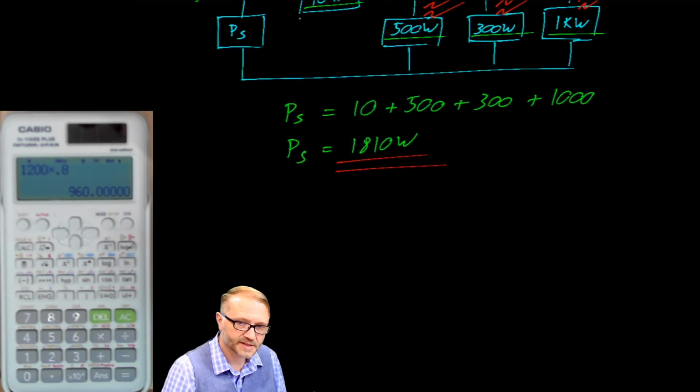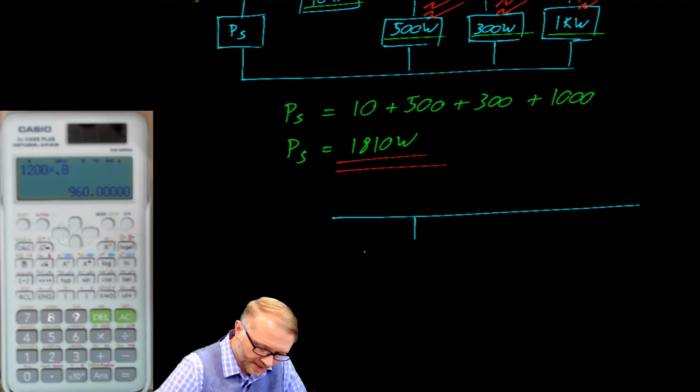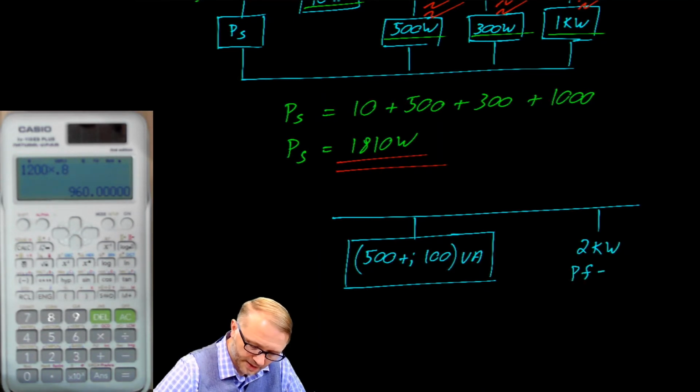Now we can look at a slightly more complicated circuit dealing with complex power. So suppose we had 500 plus j100 volt amps as our first load. And then we had 2 kW with a power factor equal to 0.8, and that power factor is inductive.